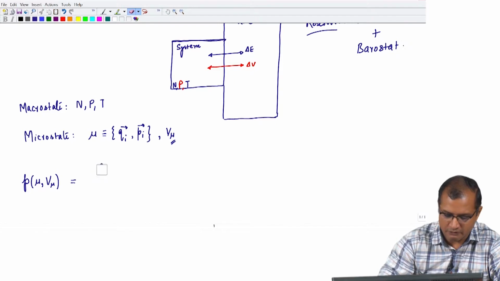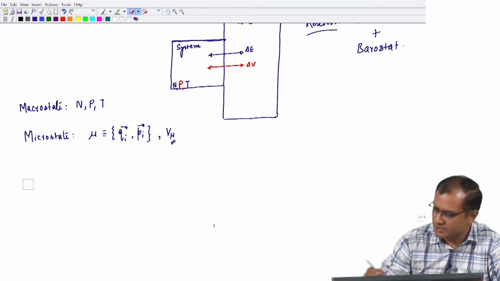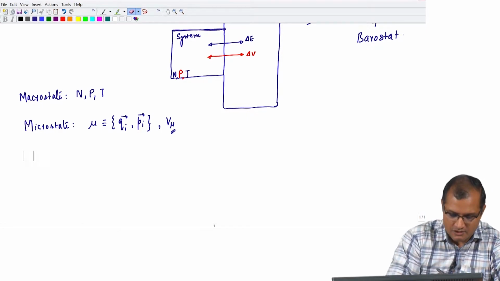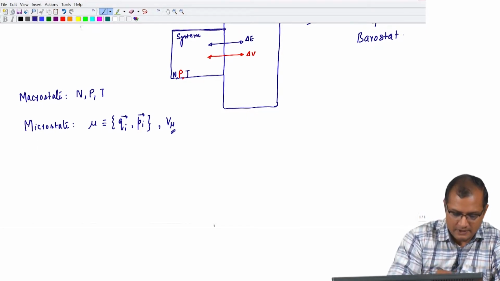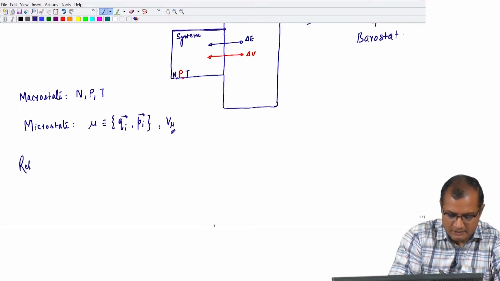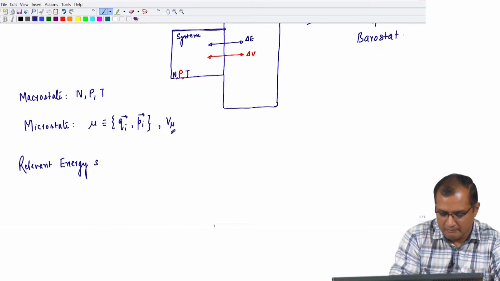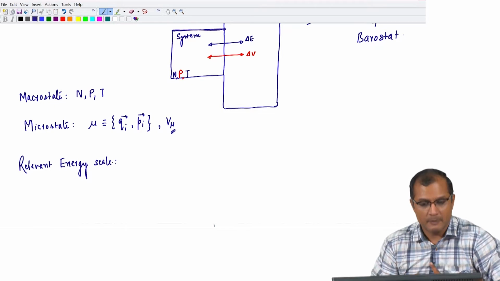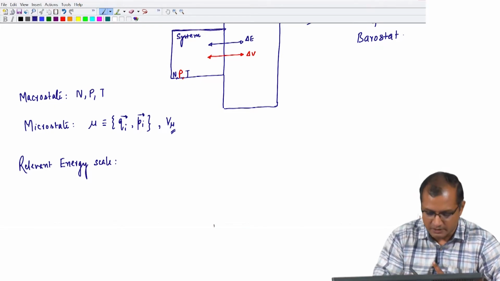So, before we write down the probability distribution, let us write down the energy scale that is relevant here. The relevant energy scale here is not just the total energy that comes from the Hamiltonian.